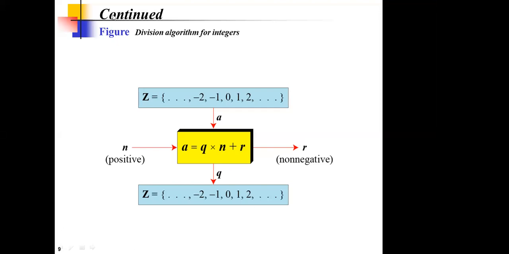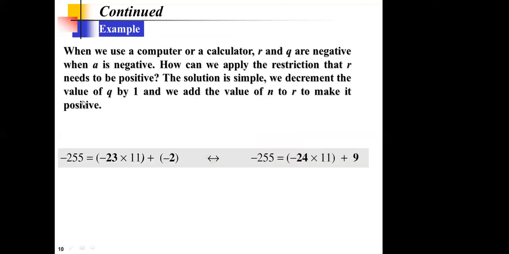So again, when you divide, the quotient is also in the set Z. Like minus 255, I am dividing by 11. So that is minus 23 into 11 plus minus 2.